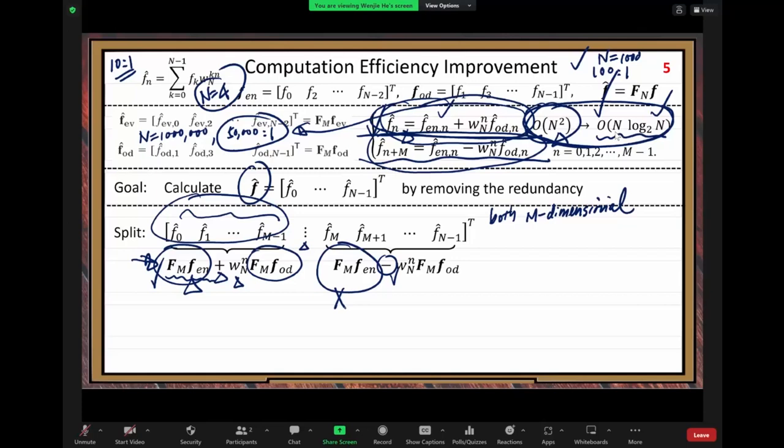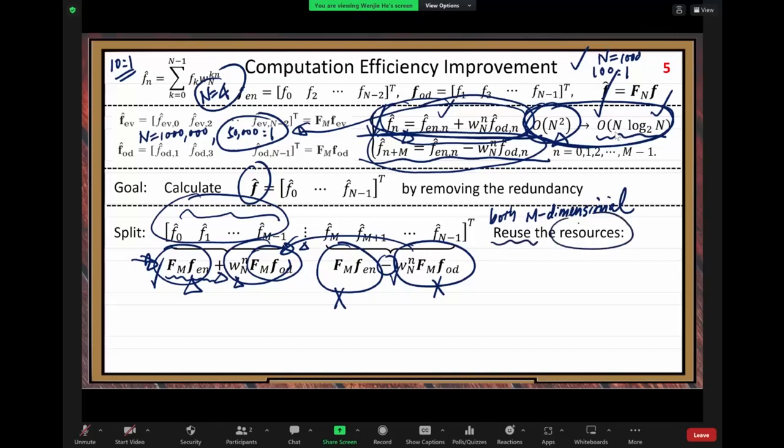Similarly, this second term is the same, right? So no computation the second time. Look, after we split into two halves, you can see the second half has basically no new multiplications. So here we use the idea we call reuse the resource.